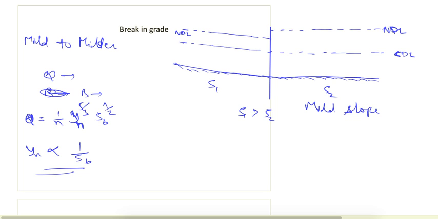Because this is the upstream for this profile, this profile will not be affected by this control, and it is the downstream of this slope, so this slope will be affected by this control section.